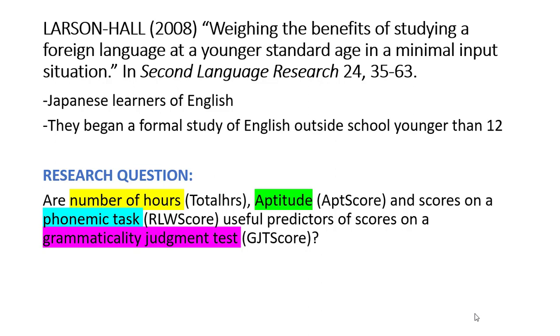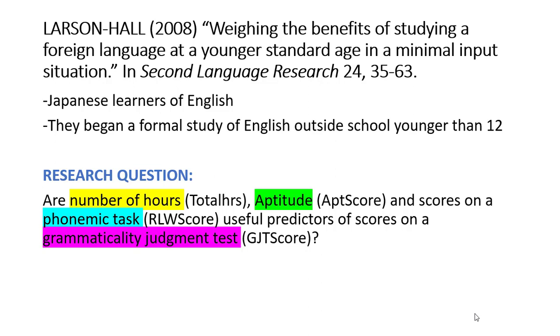Now, the project is based on an article by Larson Hall, 2008. The article is called Weighing the Benefits of Studying a Foreign Language at a Younger Starting Age in a Minimal Input Situation. This appeared in Second Language Research 24, pages 35 to 63. In this study, she was analyzing the behavior of Japanese learners of English, and these are kids that began a formal study of English outside school at an age younger than 12.